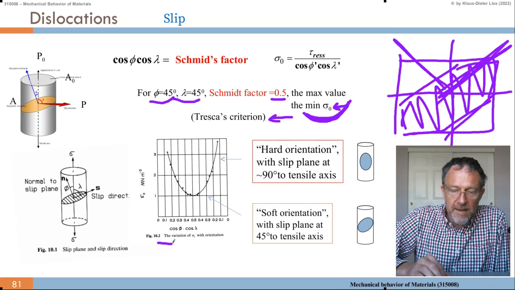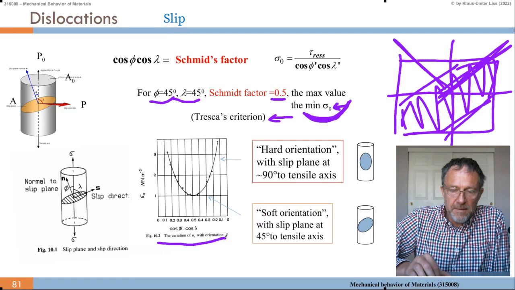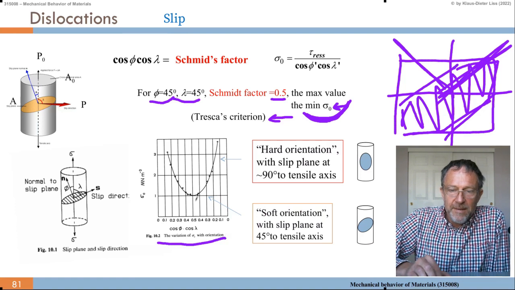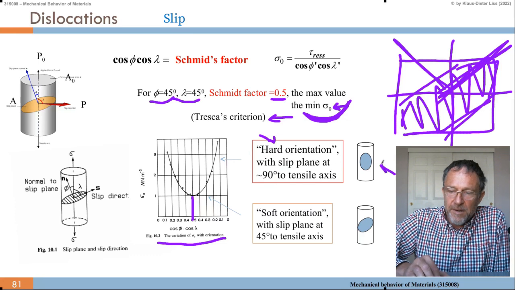Here in this figure there's a variation of sigma critical with orientation. At Schmidt factor 0.5, the two at 45 degrees, we have the minimum, and then we see when the planes become more inclined or less inclined, we need higher stresses. We go to the hard orientations, where the slip plane at 90 degrees to the tensile axis is shown here.